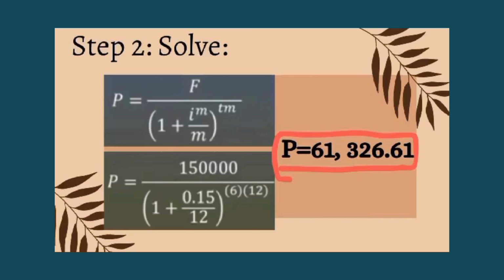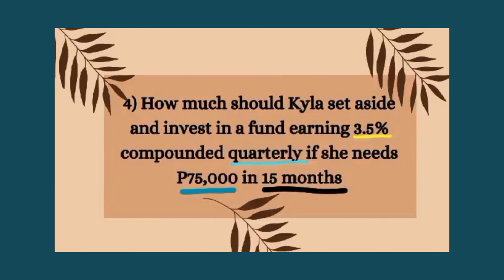So 150,000 over 1 plus 0.15 over 12 to the power of 6 times 12. So the answer for the present value of this problem is 61,326.61.